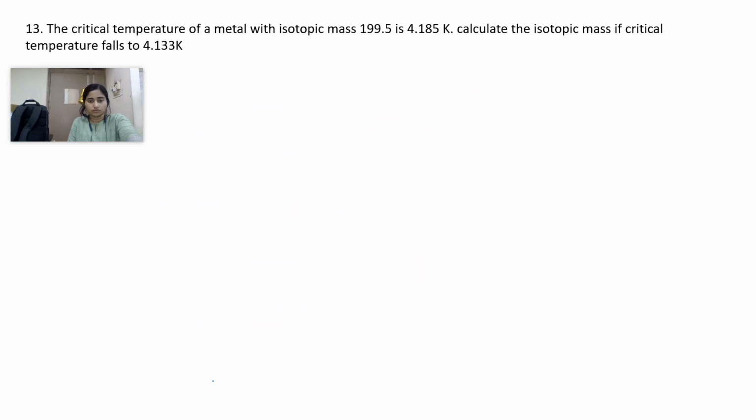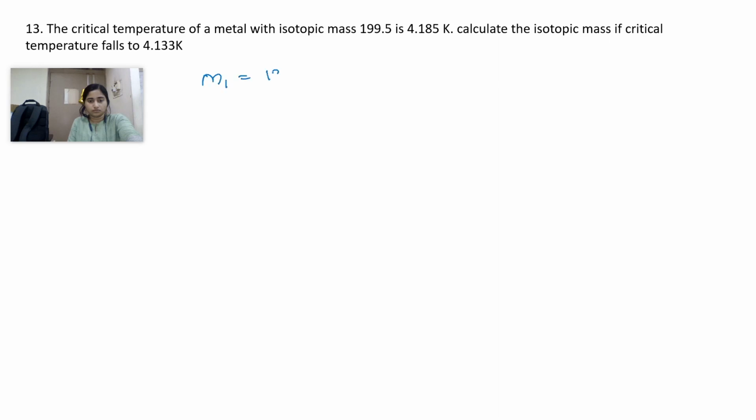The critical temperature of a metal with isotopic mass 199.5 is 4.185 Kelvin. Calculate the isotopic mass if the critical temperature falls to 4.133 Kelvin. Okay, so let us first write the parameters given here.